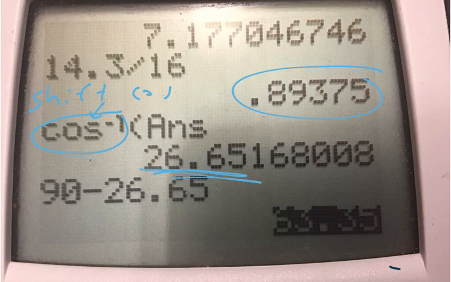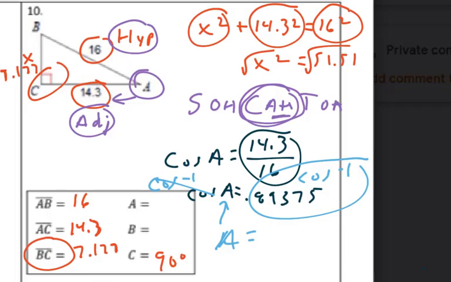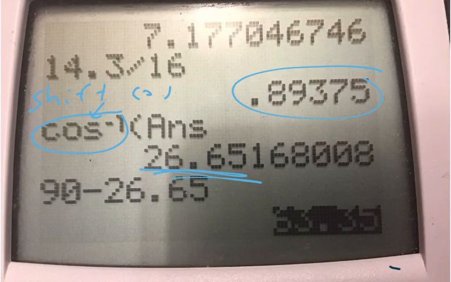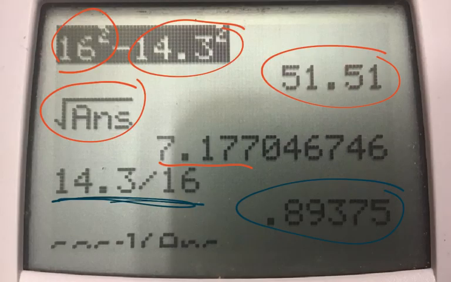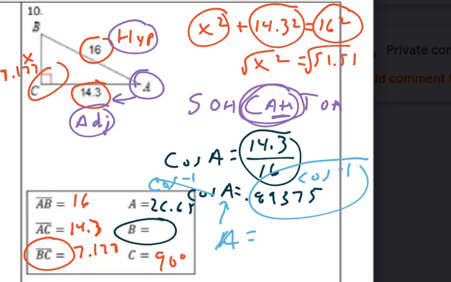You should get 26.65. So now we know that angle A is 26.65, right? How do I find the third missing angle B?